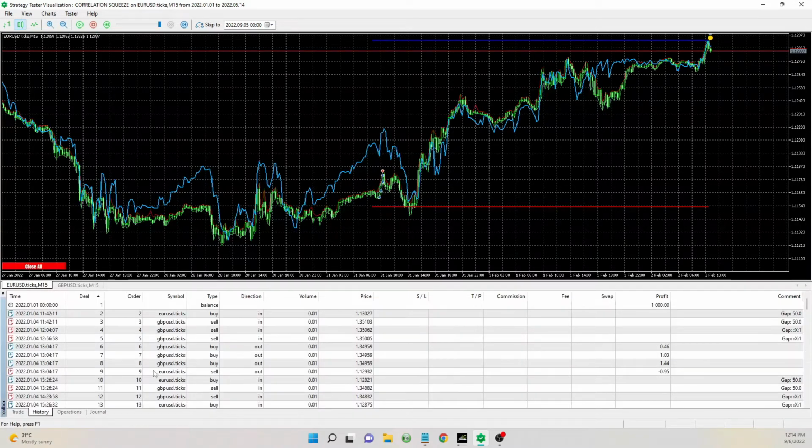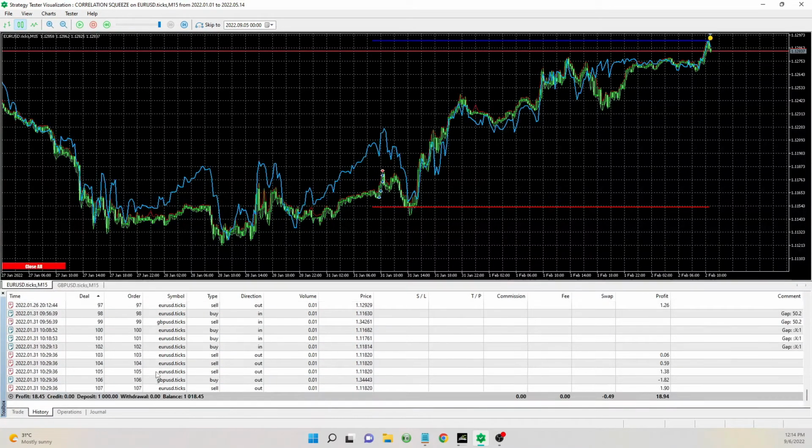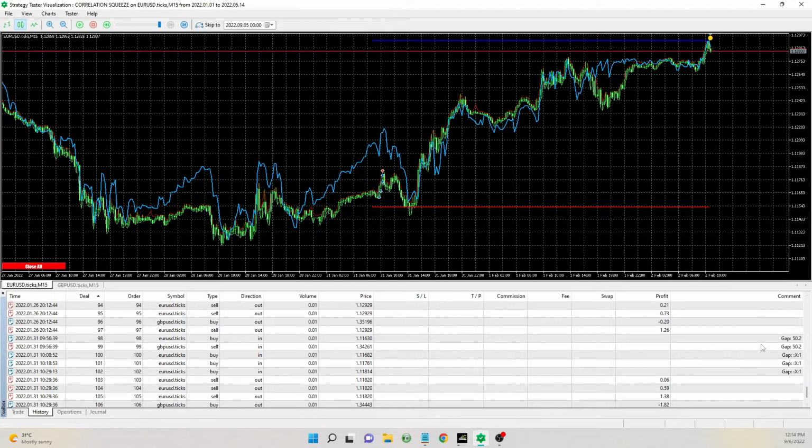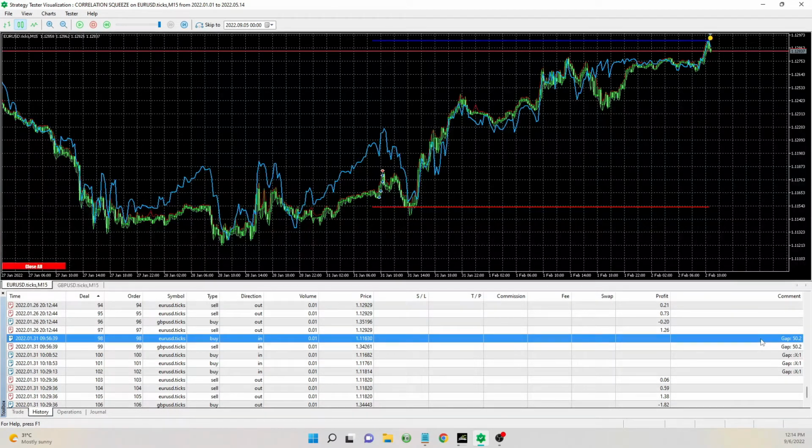If you look at the history, you'll see that the history will tell you what the gap was when it opened a trade. It opened up at a 50.2 pip gap. It opened up additional trades as the Euro USD was winning.